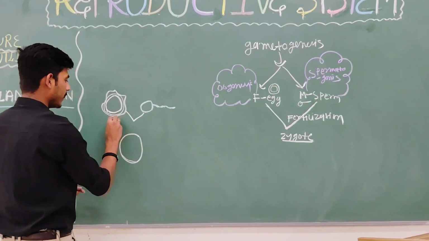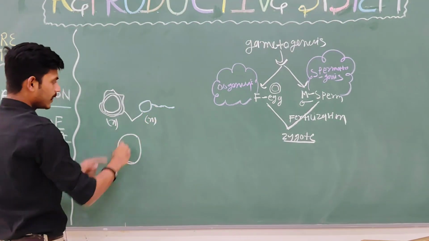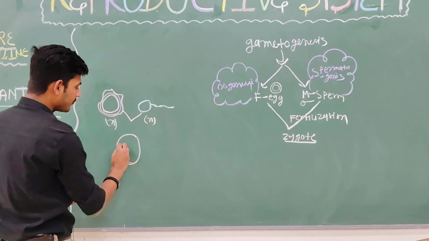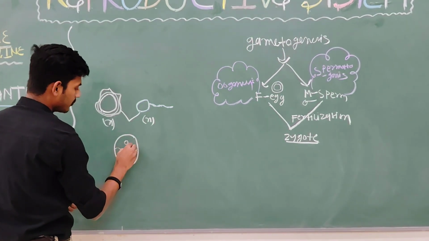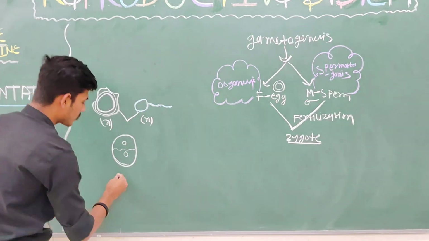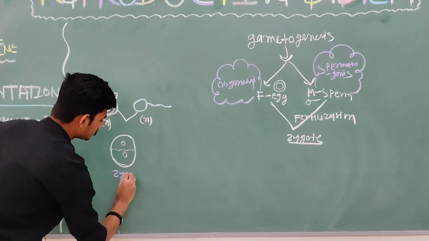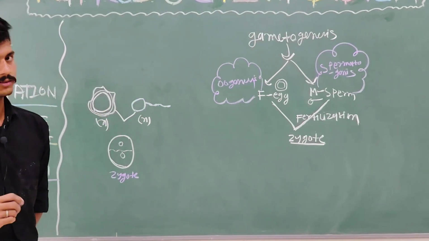These are haploid, which I am representing as N. After the fusion they form the diploid structure, with the male pronucleus and female pronucleus, and this whole structure is called the zygote. Till here any doubt?